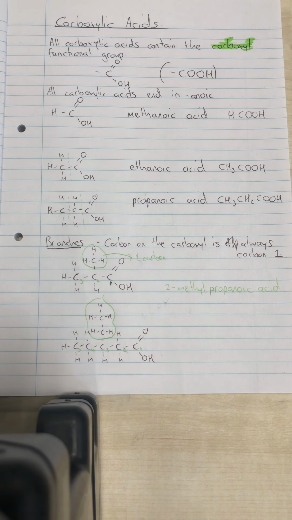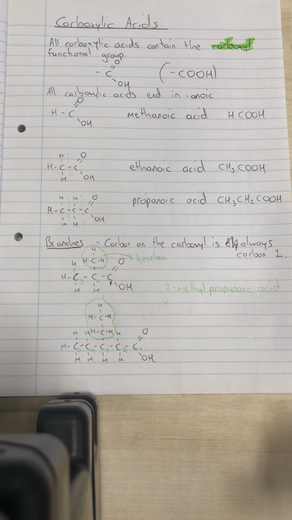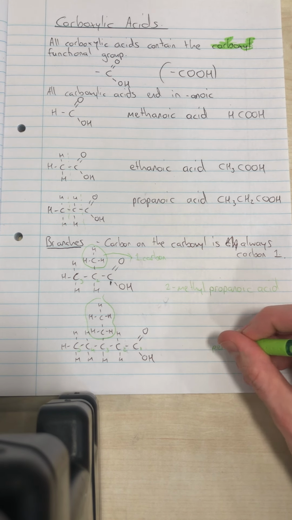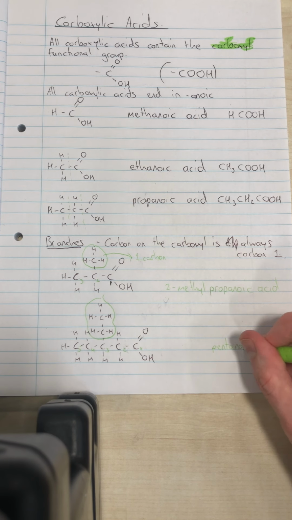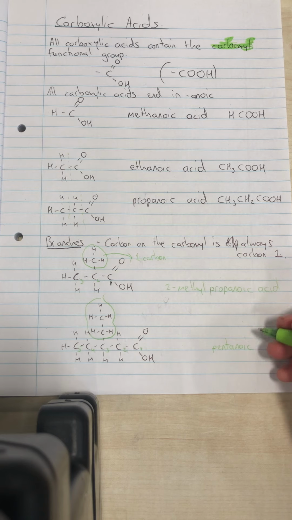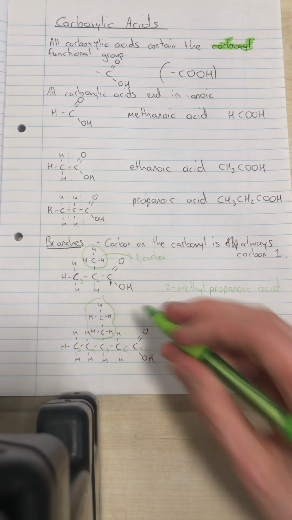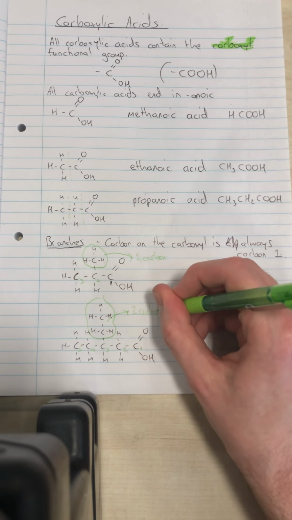Okay. Now we name the longest chain. So the longest chain's 5. So what's the prefix for 5? Pent. Okay, and it's a carboxylic acid, so it ends in anoic. So this becomes pentanoic acid. Yeah? And then this branch here has 2 carbons.